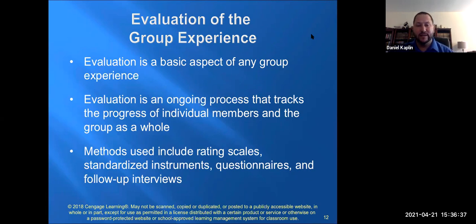That can happen during the process, but at the end of the group, you should have some kind of assessment process to determine whether change took place, whether growth took place. Assessment can occur in many different ways, formal or informal. Formal assessment comes with surveys, rating scales, questionnaires, and things like that. An informal way could be follow-up interviews. The same way you had a pre-group meeting, you might have follow-up interviews to ask people their experience separate from the group.